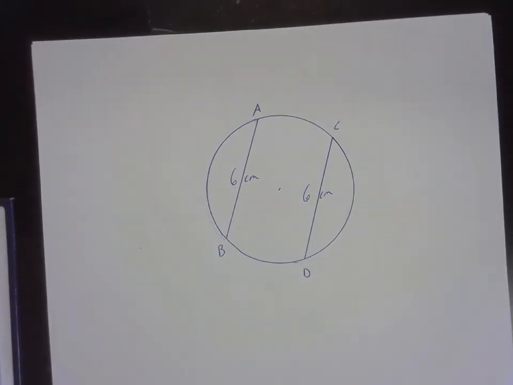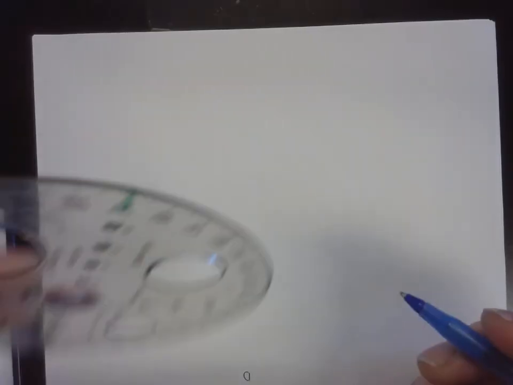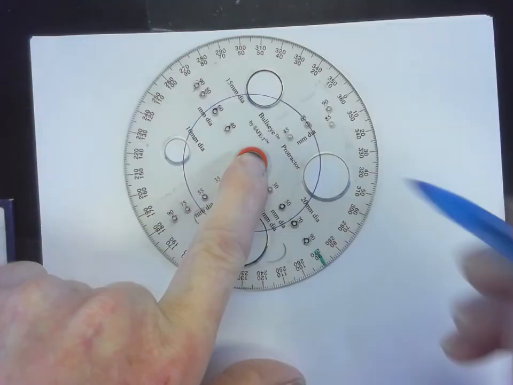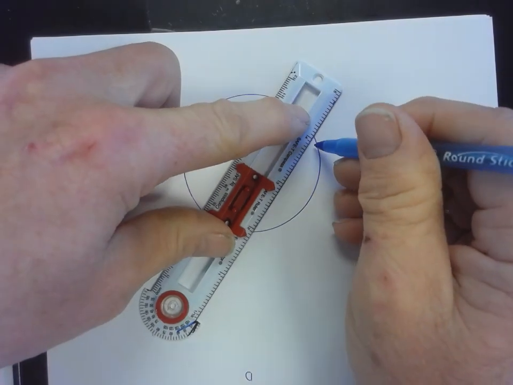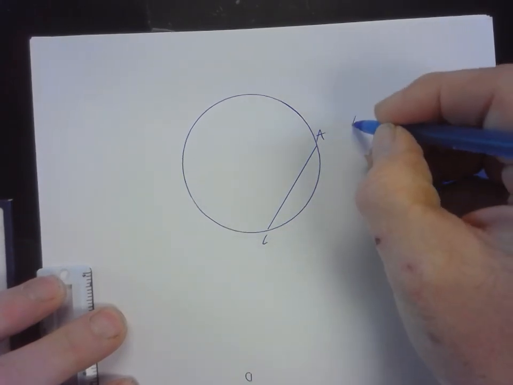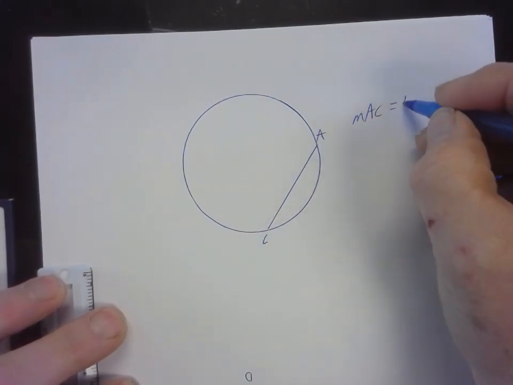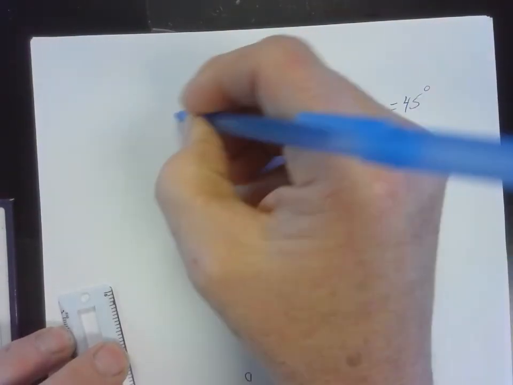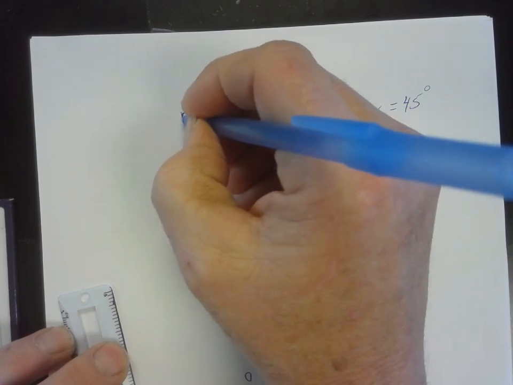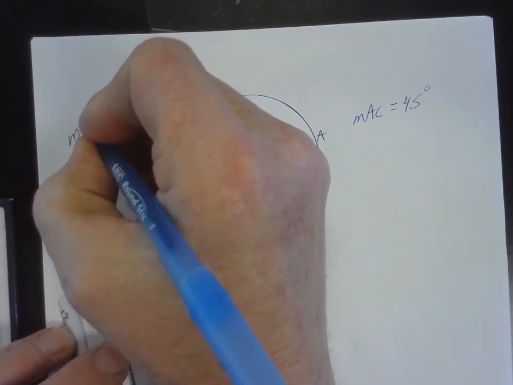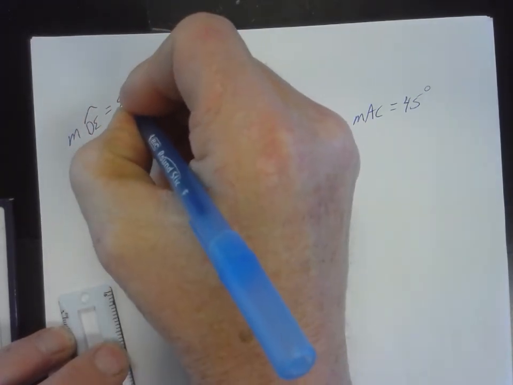And then what if we kind of go in reverse, the converse I should say. Let's just say we have a chord here, and we know that the measure of arc AC is, let's say, 45 degrees, and then I have another chord over here, DE, kind of naming them weird, but we know that the measure of arc DE is also 45 degrees.